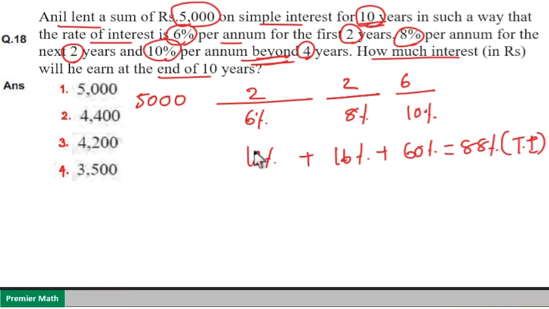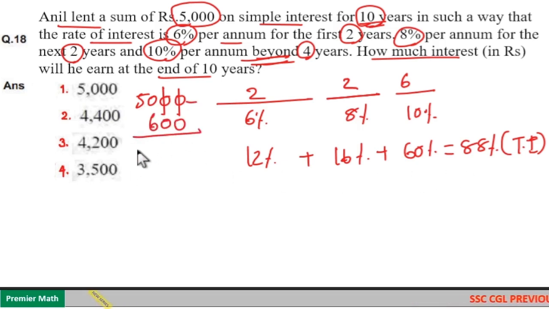Now to find 88% of 5,000, subtract 12% from 5,000, which means 100%. 10% of 5,000 is 500. 1% is 50. Then 12% is equal to 12 into 50, 600 rupees.